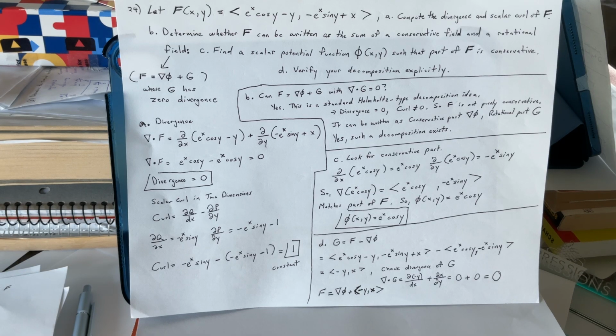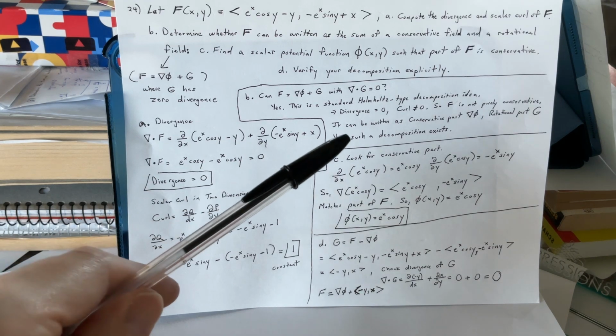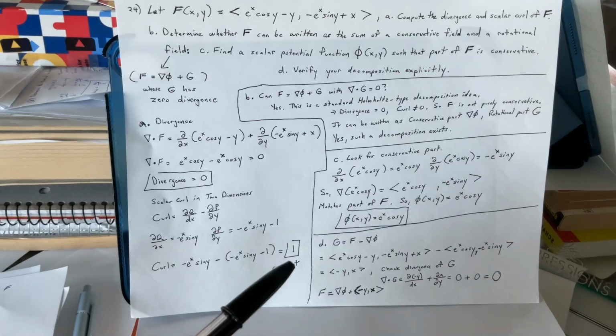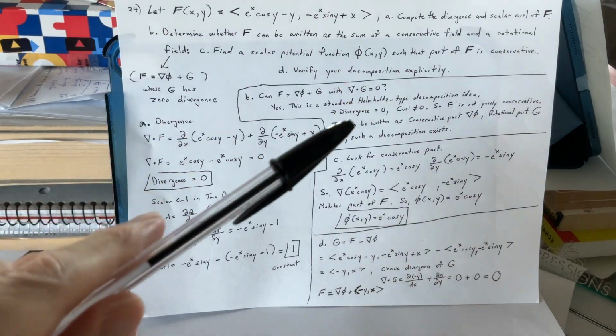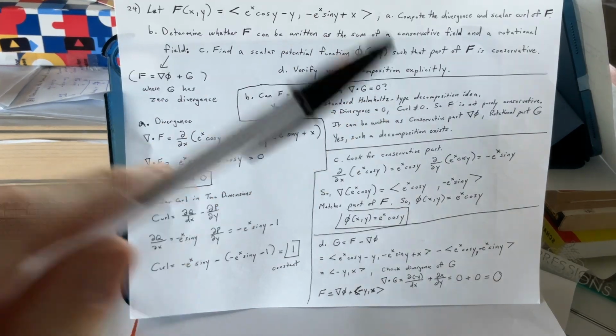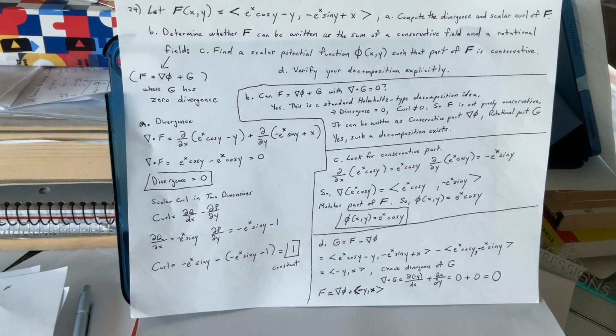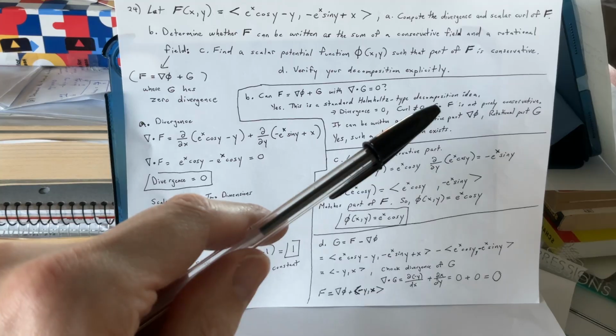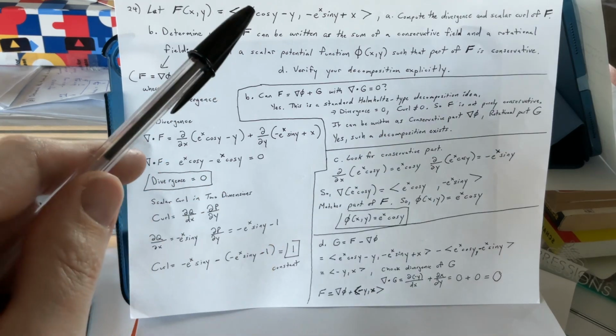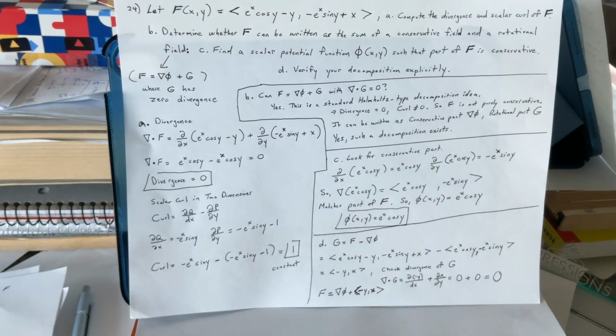But what this implies here, we have divergence equal to 0, and the curl is equal to a number that's a constant. So divergence equals 0, curl is not 0. So we're good with that. We know that. So F is not purely conservative, right?